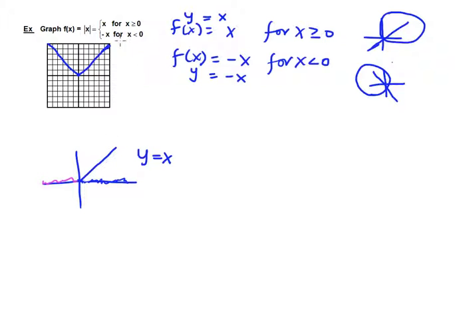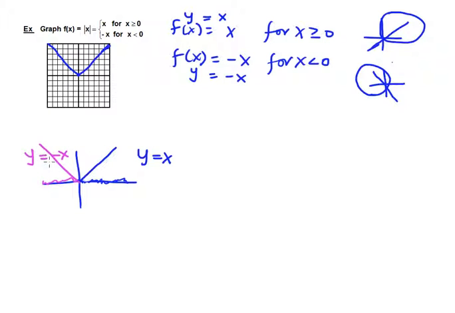When I take a look at the second domain, x is less than 0, that's over here. And the formula that goes with that is the f of x is negative x, or that y is equal to negative x. And the line y is equal to negative x looks like this.